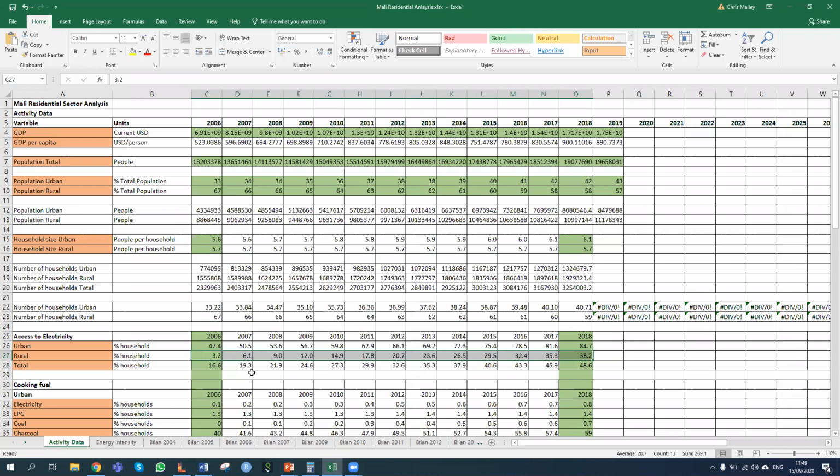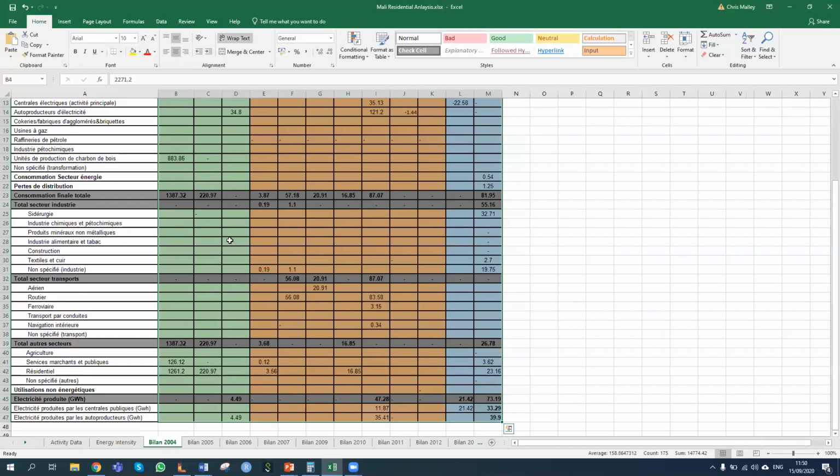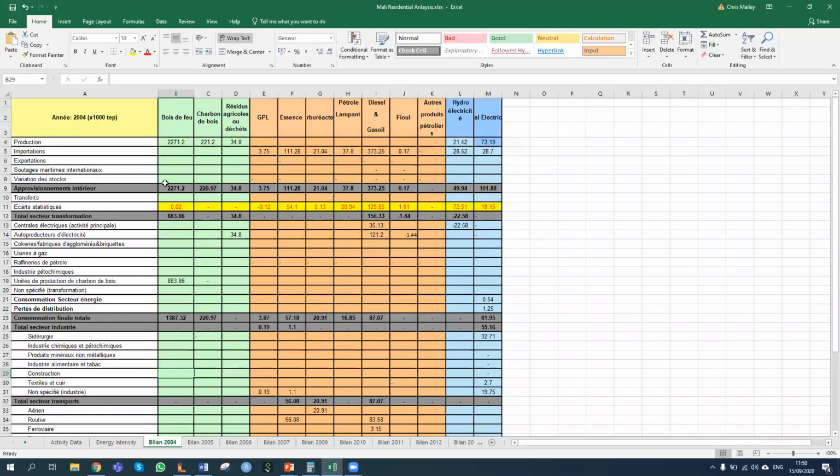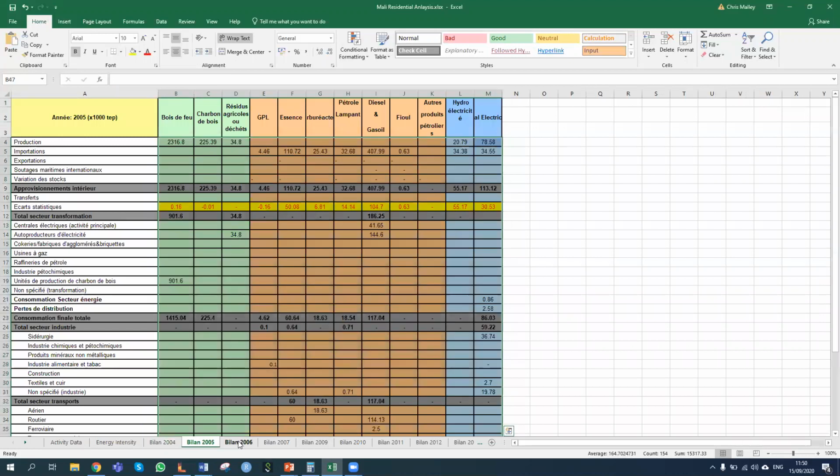The first key thing is to set up your data in a way that can be easily transferred into LEAP. And that's what's included in this Excel spreadsheet that we've shared with you. Within the Excel spreadsheet, we have all of the data from the Demographic and Health Survey and from the energy balance. We have each energy balance included in this Excel spreadsheet.